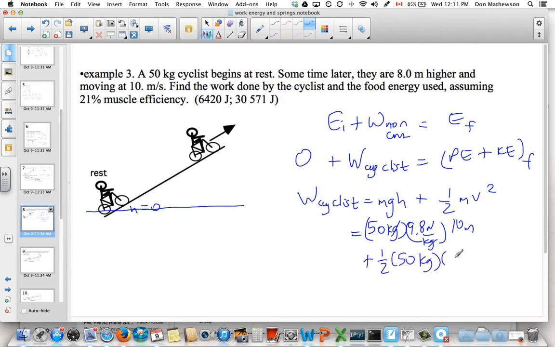Then they end up going at 10 meters per second. When you square meter per second, you get meters squared per second squared. A kilogram meter squared per second squared is also a joule. So here you get, let's see, 4,900, or 4,920, I guess it is.